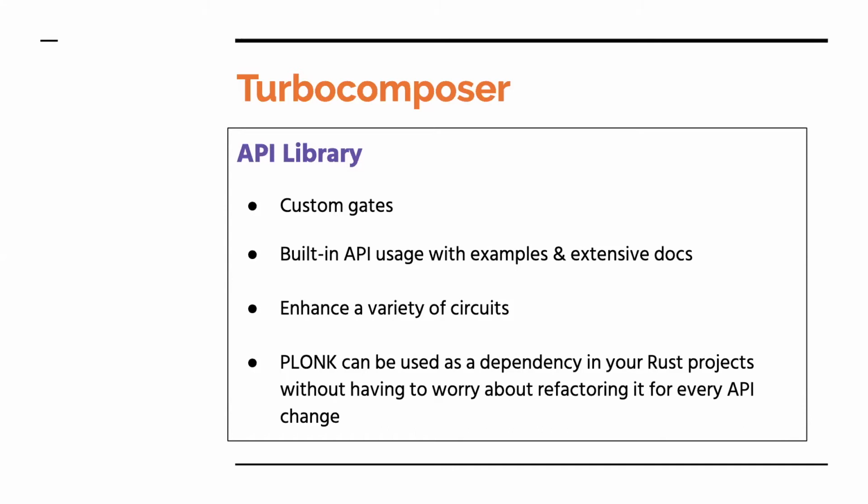You construct it how you want, based on your computer program, and then you run it through, make it zero knowledge, and you've got an independent, perfectly controlled constructed circuit with the TurboComposer from our implementation. And the reason this works so well is because when the dependency of PLONK is using a Rust project, there'll be no clash. You won't have to refactor it for every API change. You'll just be able to port it, create a dependency, and bam, build your circuit.